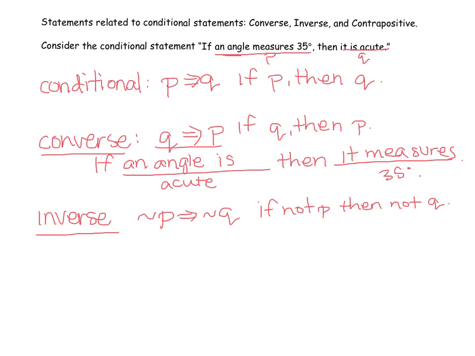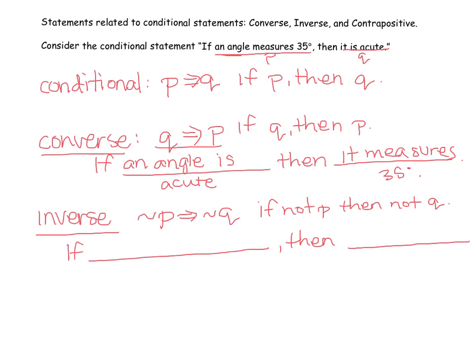So the opposite of that is an angle does not measure 35 degrees. So if an angle does not measure 35 degrees, then not Q. The opposite of it is acute is it is not acute.